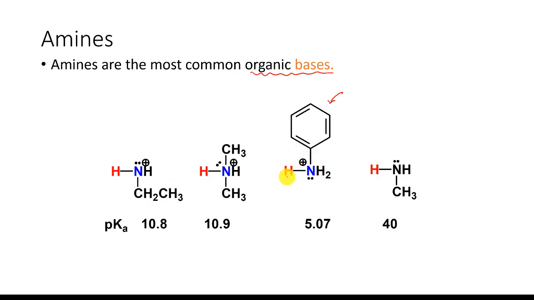Aniline is a much weaker base because the electrons get delocalized by resonance. And we talked about that in the delocalizations chapter. Aromatic amines tend to be less basic because the lone pair is occupied in delocalization in the ring.